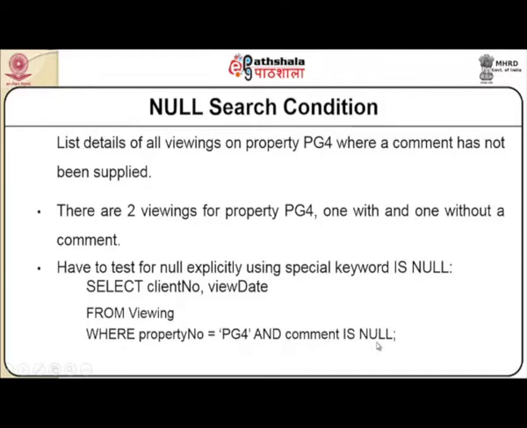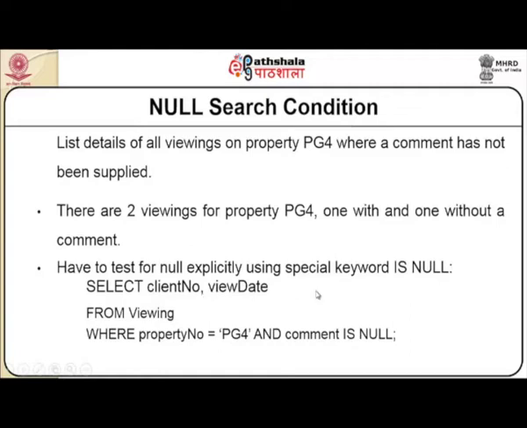So this will list the properties belonging to PG4 and their associated comments. If I replace this by comment is not null, I get another table, again with property number PG4, with not null constraints. So this table can also be replaced with a table value.